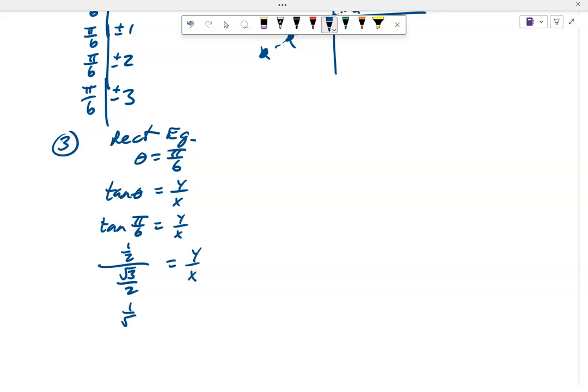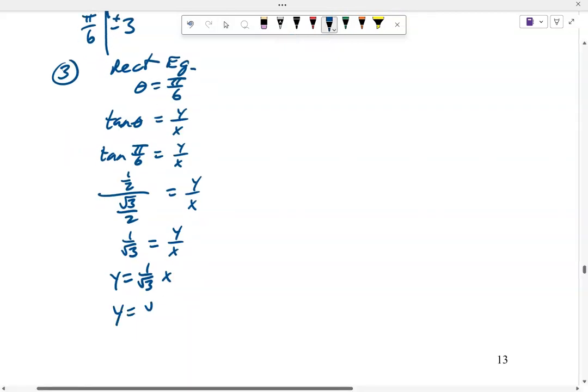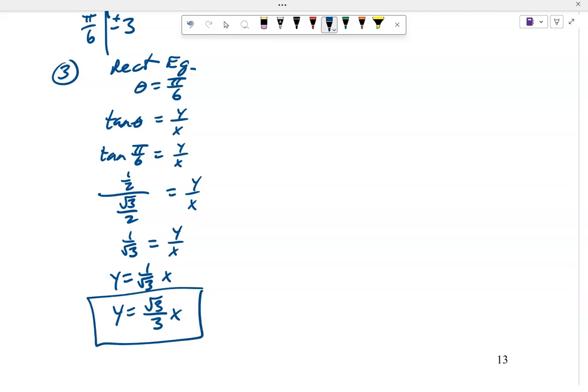So I got 1 over root 3 equals y over x. Multiply both sides by x. I got 1 over root 3x. Or we probably should rationalize that. That's root 3 over 3x. So my slope is root 3 over 3. So theta being pi 6 is that line.